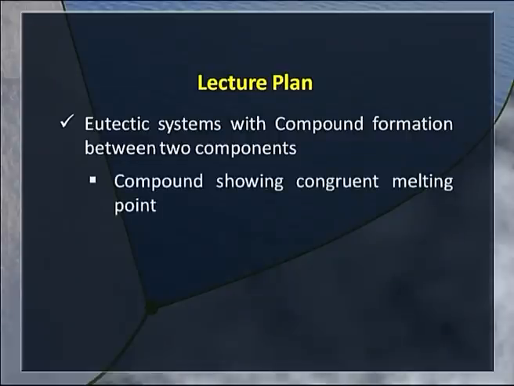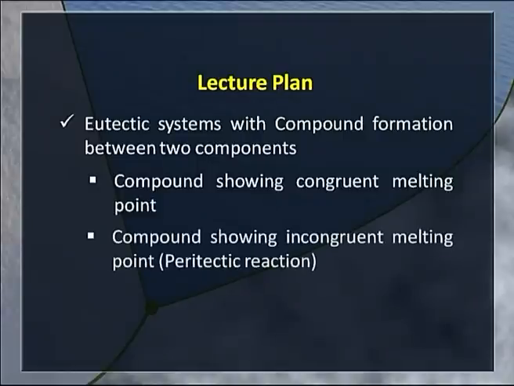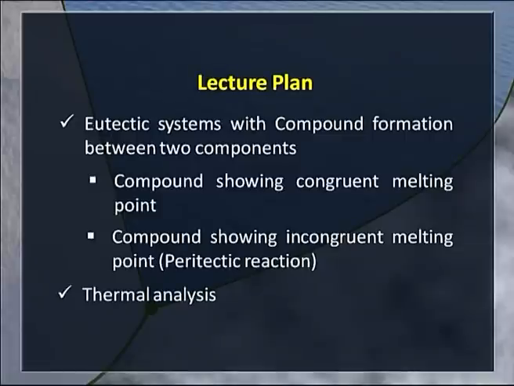The compound that is formed can be stable and show a congruent melting point, or the compound may exhibit incongruent melting point, the so-called peritectic reaction. And towards the end, I would like to tell you something about thermal analysis, a method that can be employed to study these types of systems.